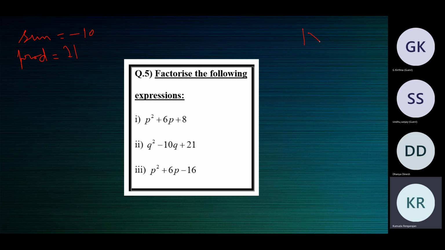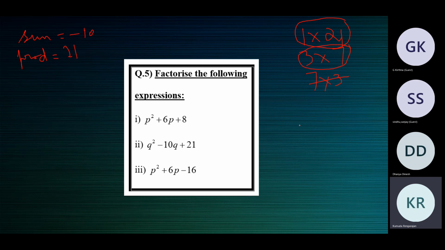Take the product. 1 into 21 is 21. 2 tables does not happen. 3 into 7 is 21. Then 4 tables, it doesn't happen. 5, 6, 7 3s are 21. Repetition. So these are the only two pairs possible. It can be 1 and 21 or 3 and 7.